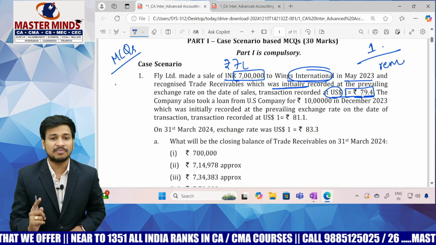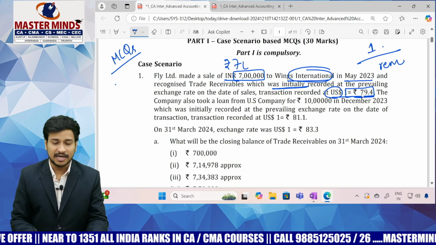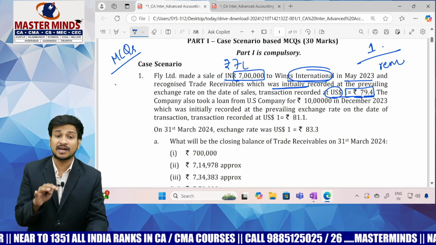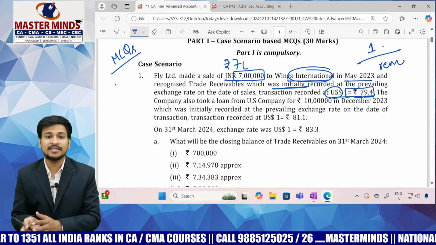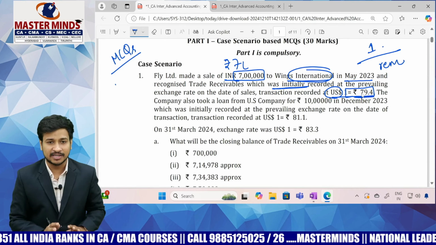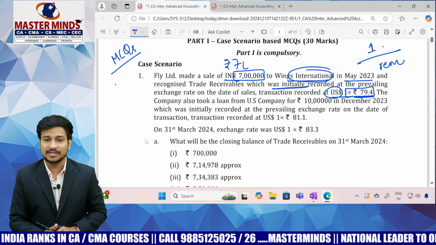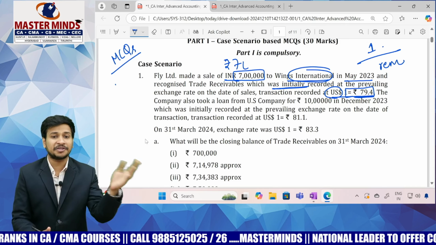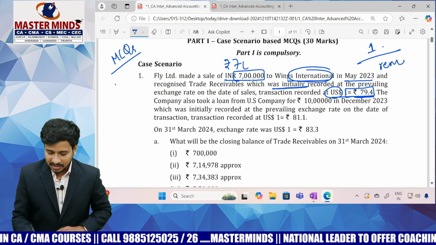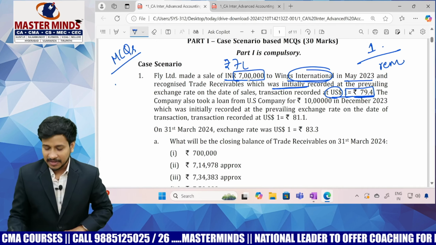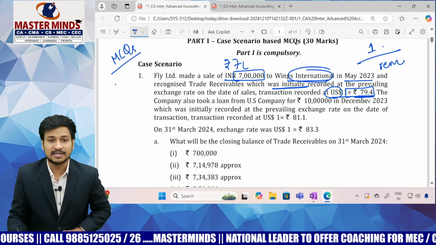You have to remember one very important thing: AS 11 will not deal with conversions from Indian or reporting currency to foreign currency, but AS 11 considers conversions from foreign currency to reporting currency. Here rupees 7 lakh and 79.4 is the recorded price.